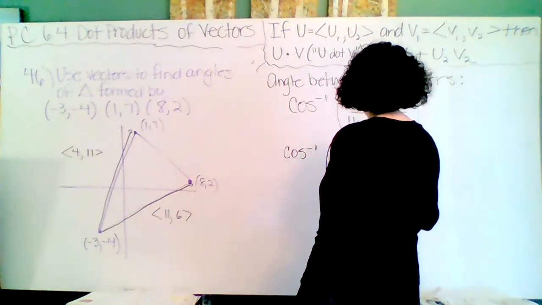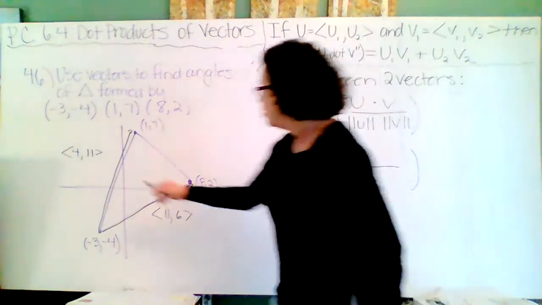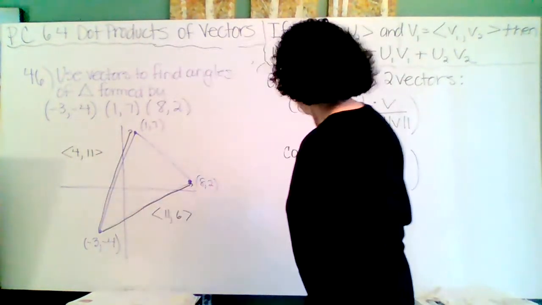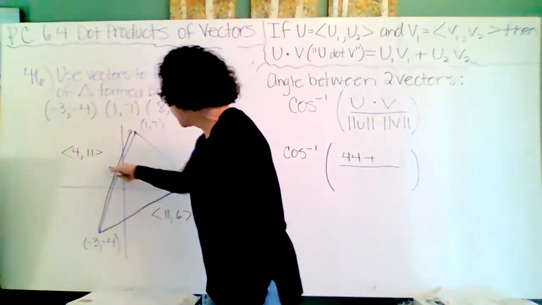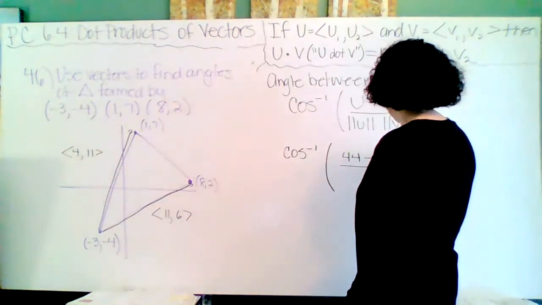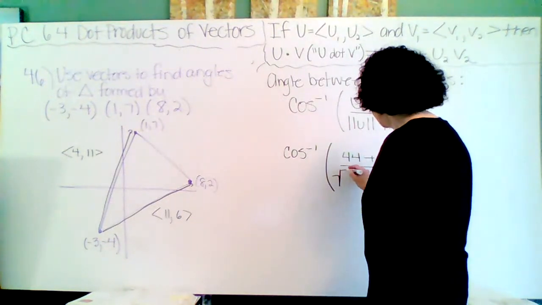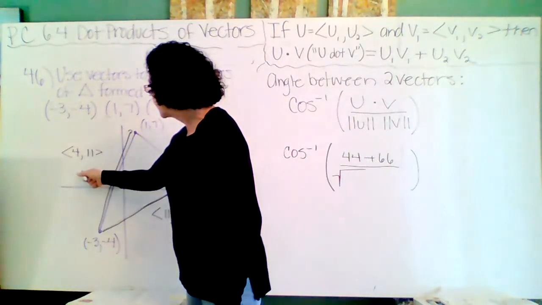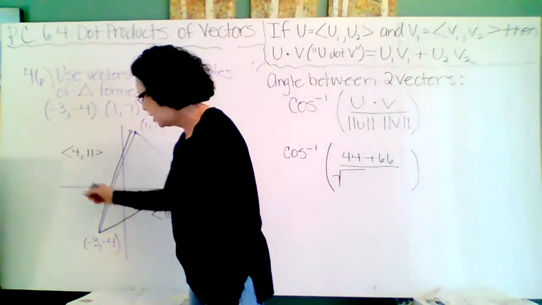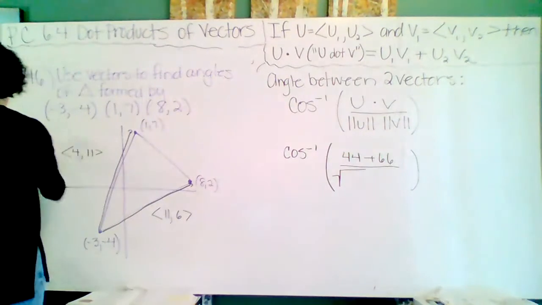U dot V, 4 times 11 would be 44, plus 11 times 6 would be 66, over the magnitude of this vector, which would be 16 plus 121, the square root of that.